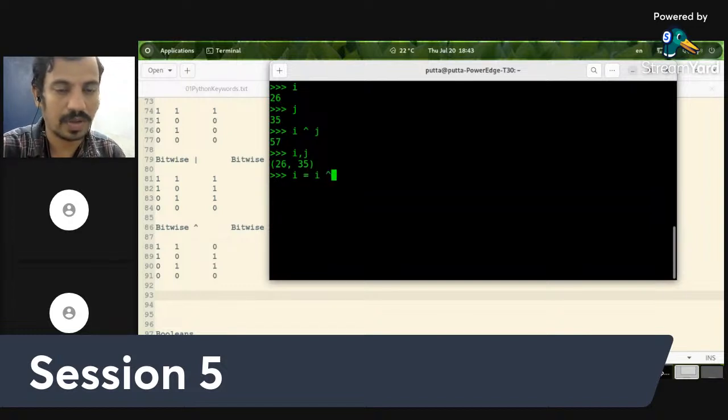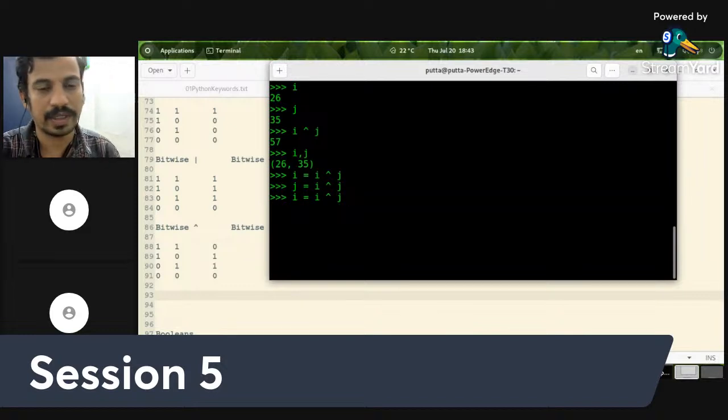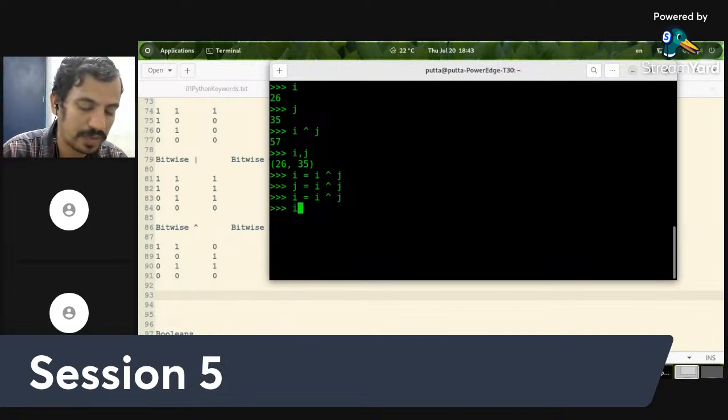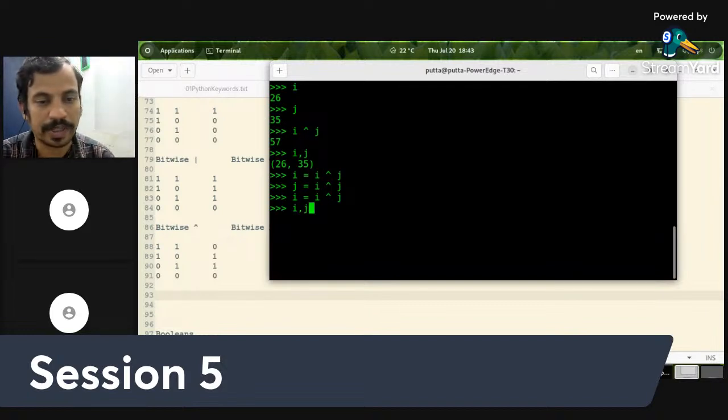I is equal to I XOR J. J is equal to I XOR J. I is equal to I XOR J. Execute these statements and find out the values of I and J after these three operations, and tell me what did you observe.